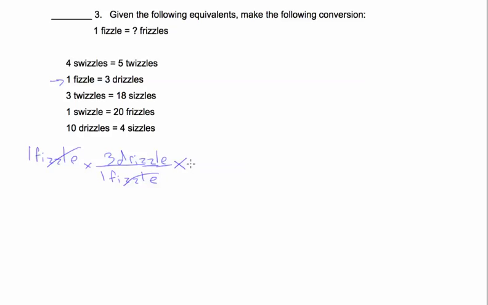I know I'm going to have drizzles, so I need to find the conversion factor that deals with drizzles. If I want drizzle to cancel out, I'm going to put it on the bottom. So we have 10 drizzle equals 4 sizzles. And it's okay if one of the numbers isn't 1. So we see our drizzles cancel out. And this one here deals with sizzles.